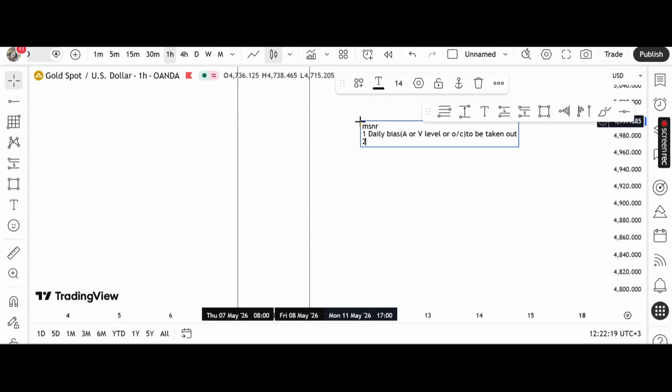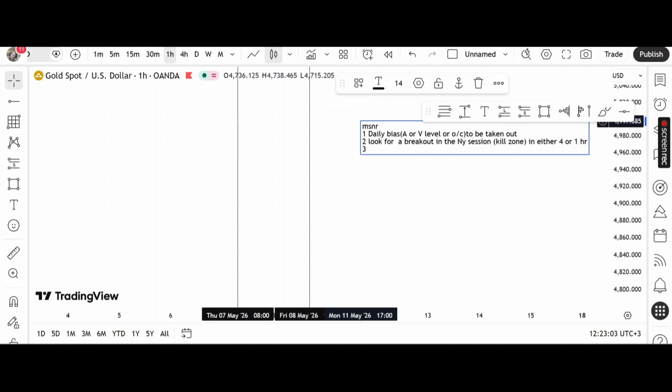Then number two, you look for a breakout in the New York session, in either 4 or 1 hour. You look for a breakout in the New York session, either 4 or 1 hour, in the New York session kill zone.